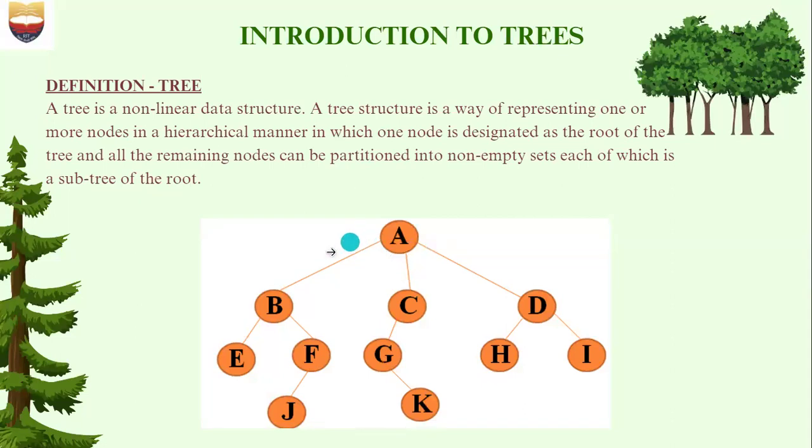I take this particular pair A and B. These two nodes are directly connected through an edge. Therefore, if you take an edge in the tree structure, it represents that the connected nodes are having a parent-child relationship.